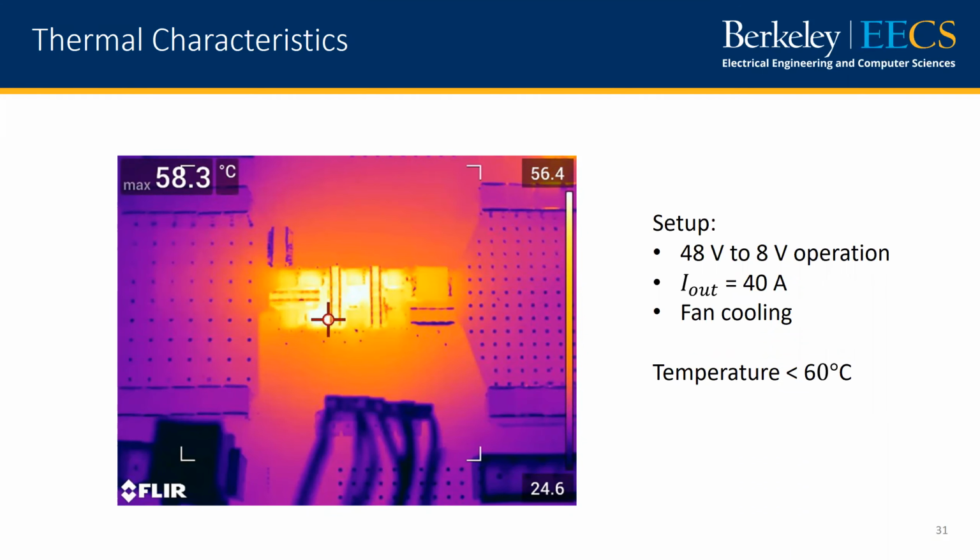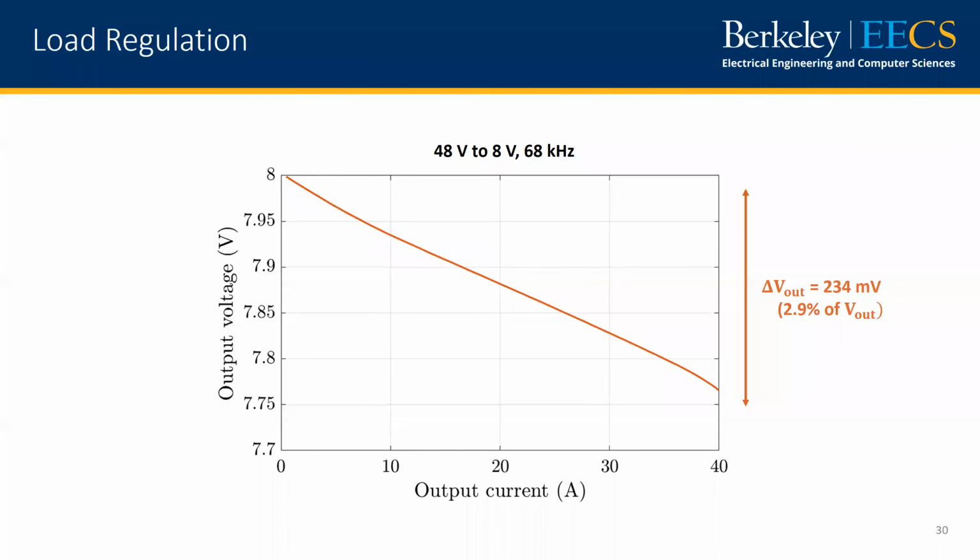We are on the previous slide. Yeah. So then we can look also at something called load regulation, which is basically showing us how our output voltage is changing as a function of our current. As we draw more current, that output voltage is sagging due to increased conduction losses, or this increased loss in the converter at these higher currents.